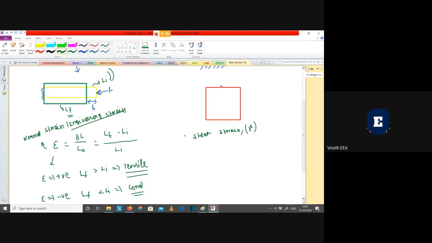Shear strain, which we are going to study in strength of materials, and shear strain rate are different parameters, and we will be finding them using different definitions. I'm not going to discuss shear strain rate now, but just try to understand what is meant by shear strain.